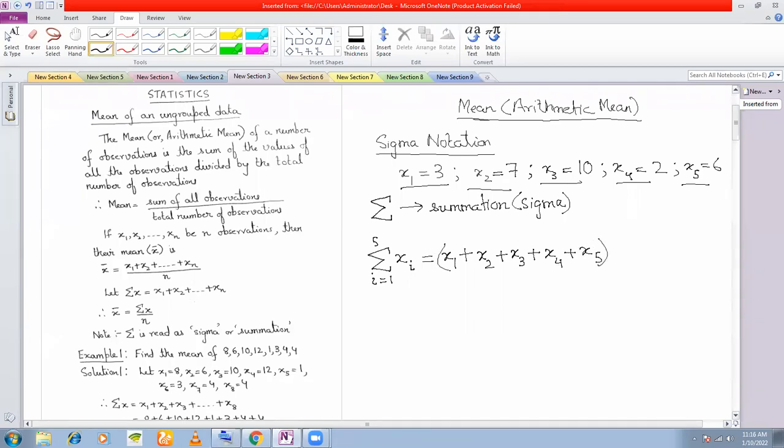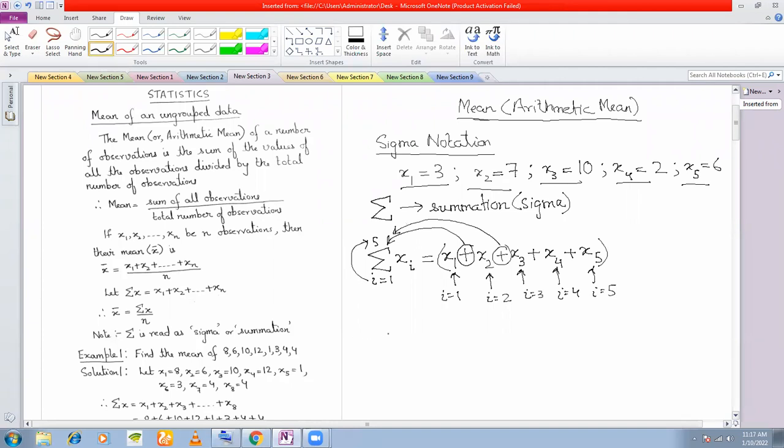So if you see, i runs from 1 to 5, so that is why I have i is equal to 1 here, and then this plus sign is because of this sigma. Then I take i is equal to 2, again a plus sign because of this sigma, and here again I take i is equal to 3, similarly i is equal to 4, and i is equal to 5. That is what the summation sign means.